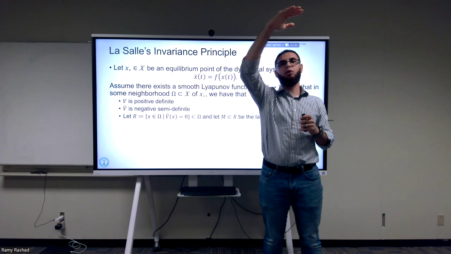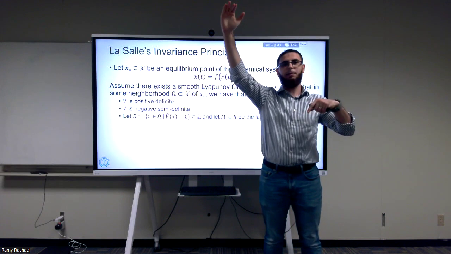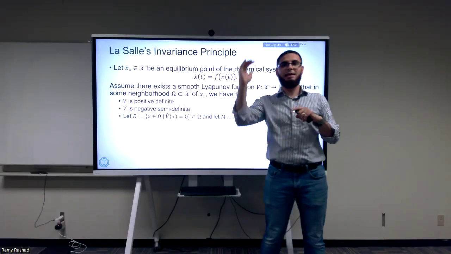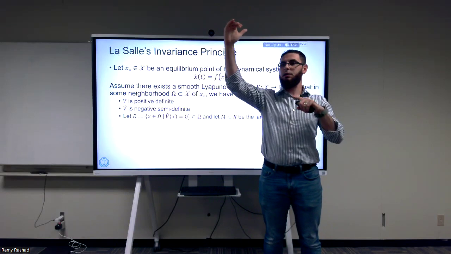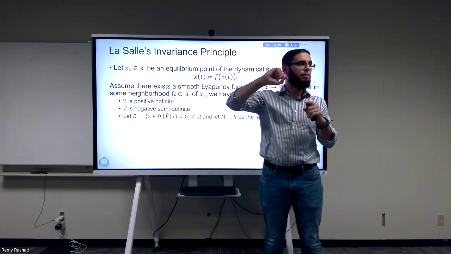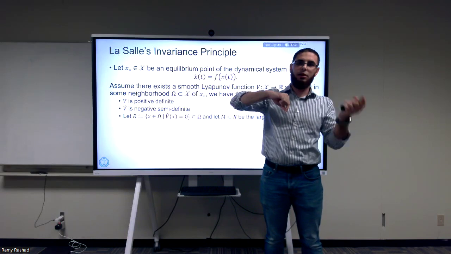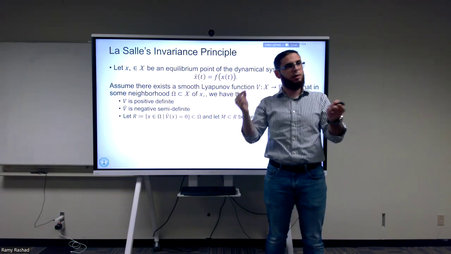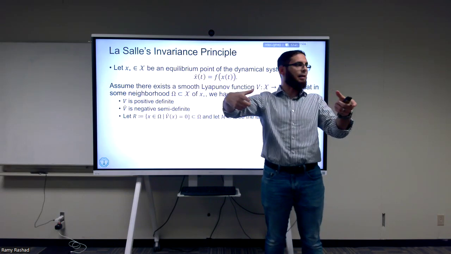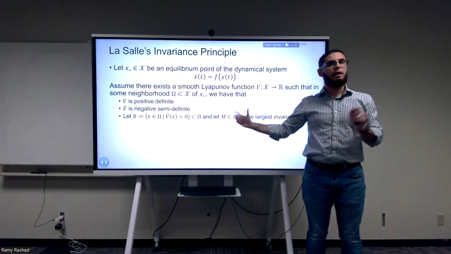If you start with some value of V equal to 2, the next time step it will either decrease or remain with the same value. The time step after, again decrease or remain the same. So after a while, we are going to reach a set in the state space, and this set is M. That's it.